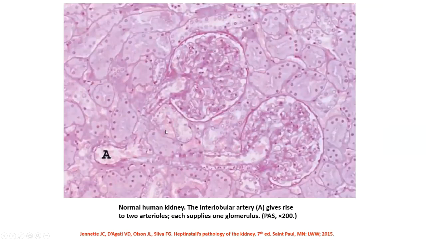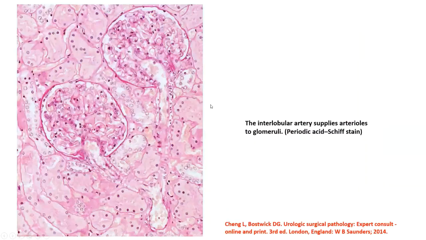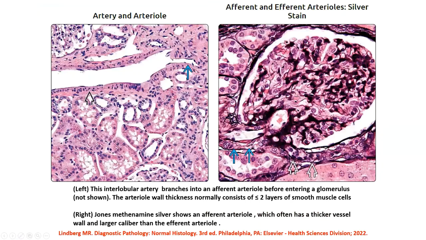This section has been stained with PAS. As you can see, you have got the interlobular artery which is marked with A, and which has again bifurcated into 2 renal afferent arterioles which feed into the adjacent glomeruli. Again, you have got the interlobular artery which is differentiating into the renal afferent arterioles.